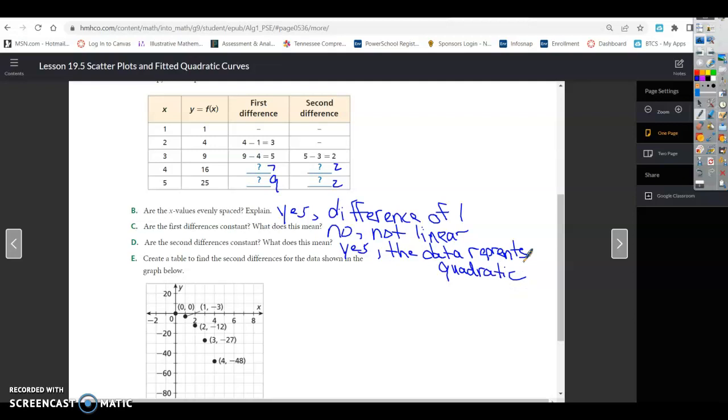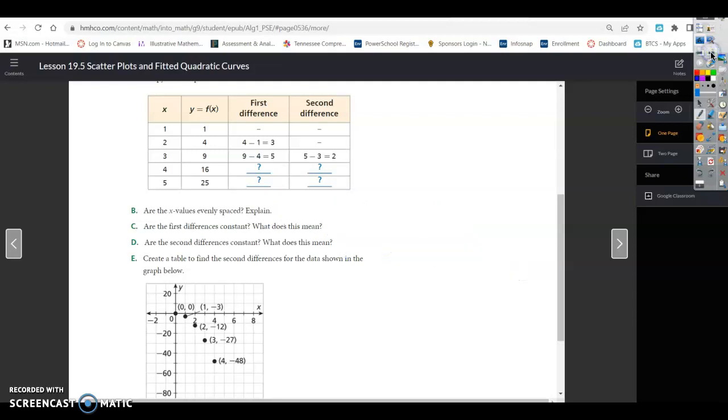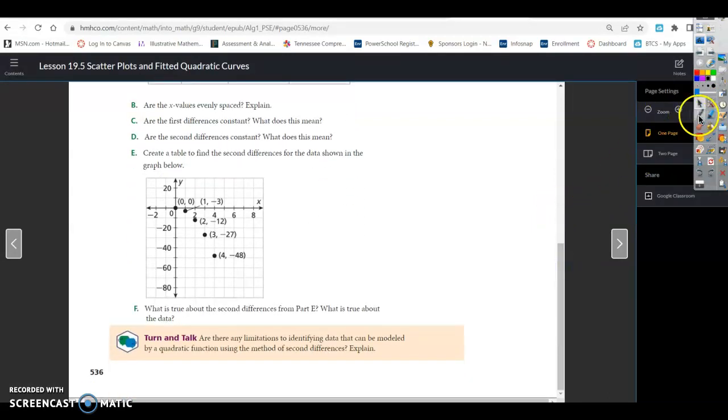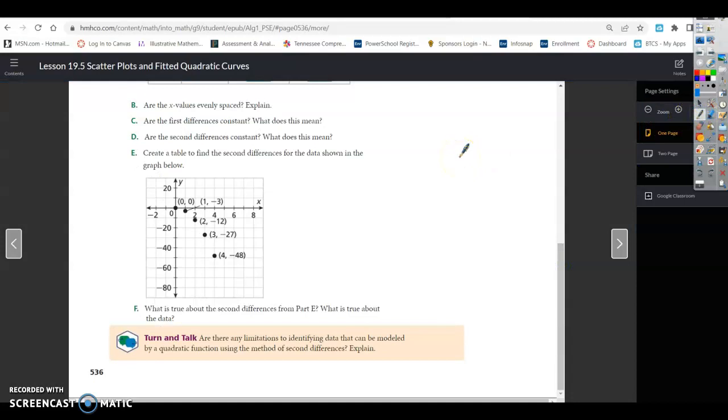It says create a table to find the second difference for the data shown in the graph below. Now we're going to look at a graph instead of the table. We looked at the table first for one function. Now we're going to look at a different function, but we're going to start with a graph and create a table. To create a table, the first thing we need to do is create our x and y values.